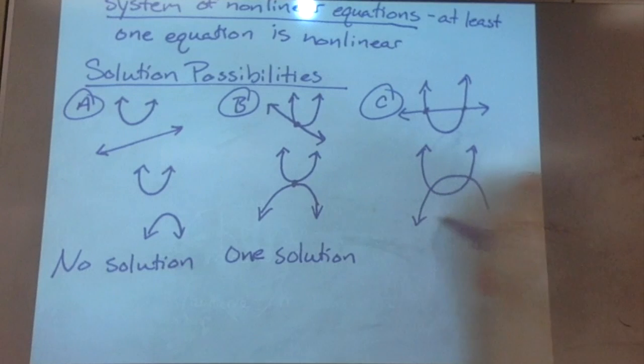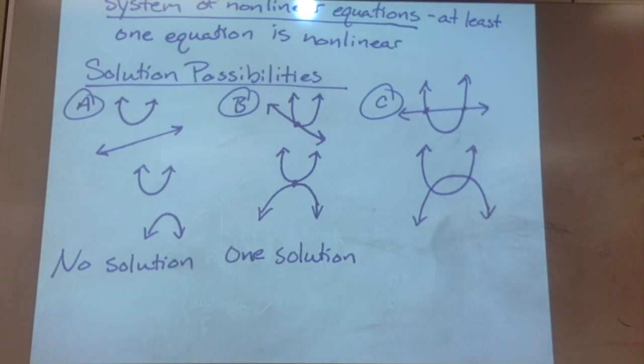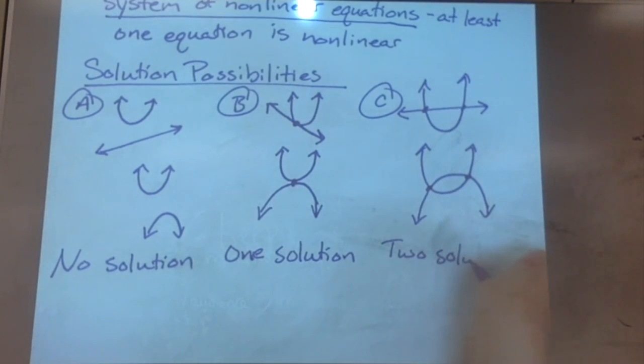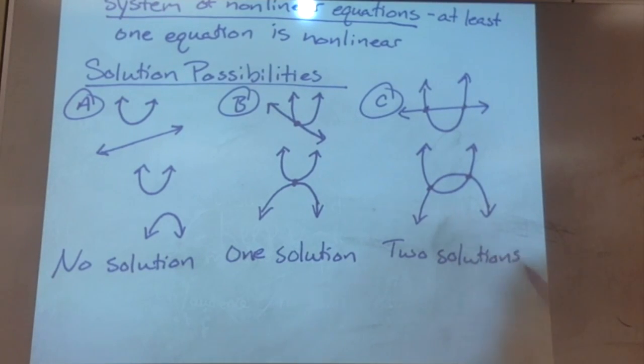You could actually have up to 4. We're going to keep it simple and look at a maximum of 2 points of intersection. So, in this case, you could have 2 solutions. All right, so those are our 3 possibilities right there.